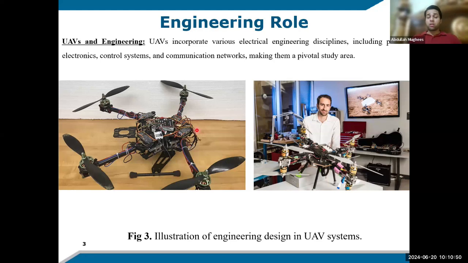And the communication engineers are required for a robust network that must be good enough so that at a huge distance we can still send it commands: go over to that mountain, take that turn, do this, do that. We have to send these signals using wireless communication. So various different domains come together in establishing a UAV system.